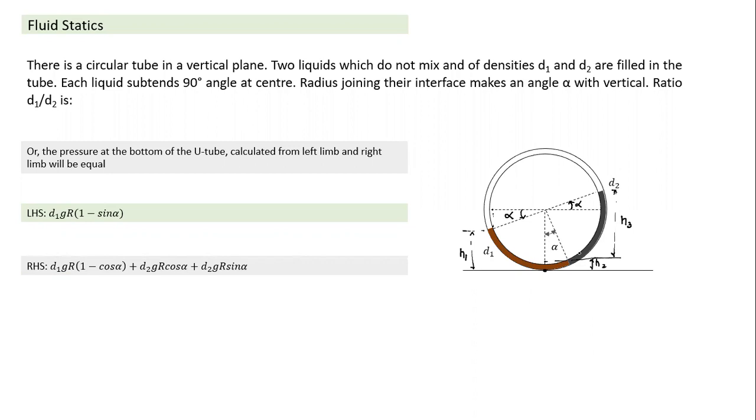And what is H2? H2 is this height from here to here. I have taken H2 in two parts: this part is equal to R cos alpha and this part is equal to R sine alpha. With these terms I write the equation and equate the left hand side to the right hand side. I get a ratio of sine alpha by cos alpha. Again, which principle have we used here? A very simple principle, equating the pressure at the lowermost point.